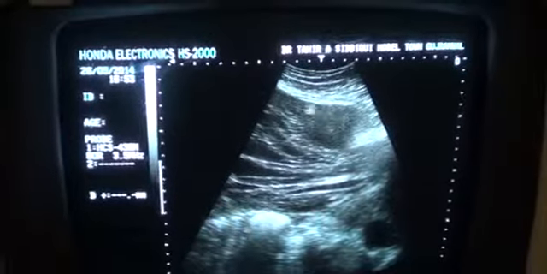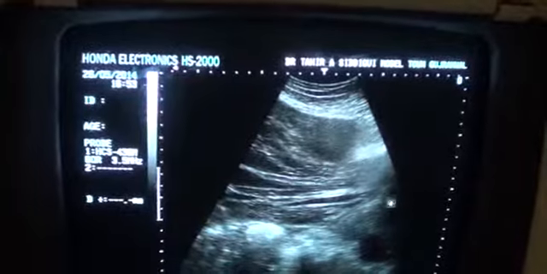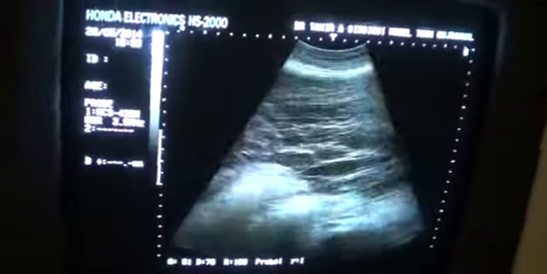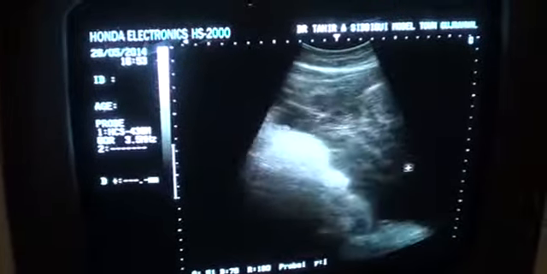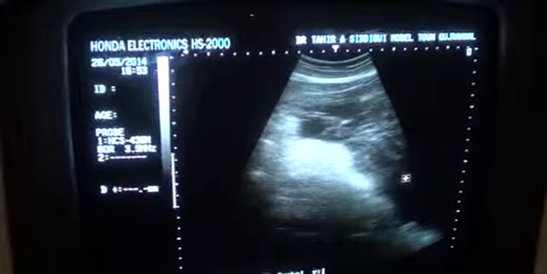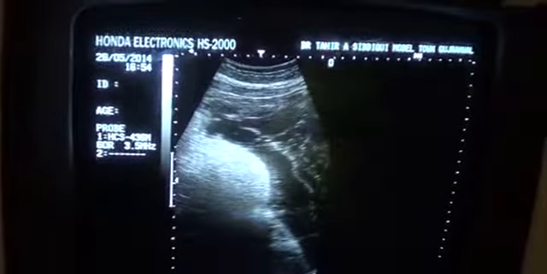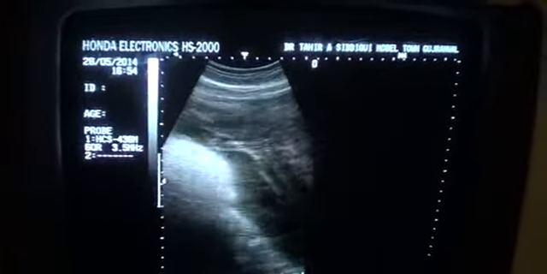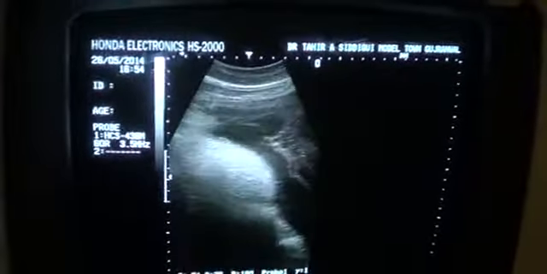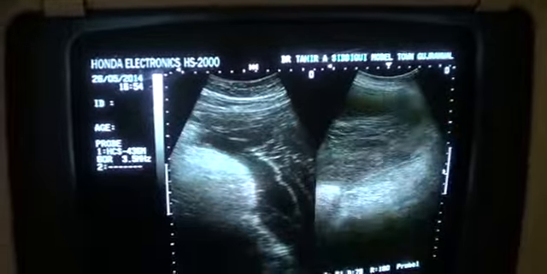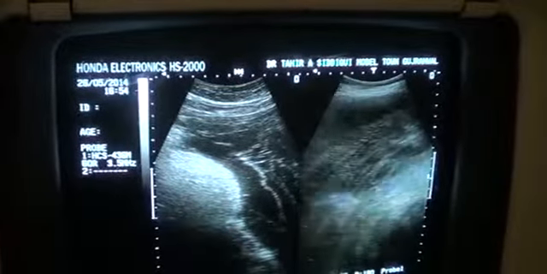Fluid with echoes, you can see echoes moving, and then it goes up to the epigastric region, where I've shown you an area consistent with a placenta, retained placenta with complicated ascites. It can be a bleed as well.